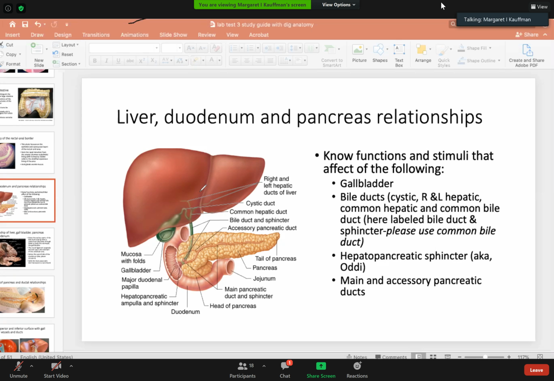So it's continually making this, but as it's making it, it's filling up this duct. So there's always bile in this common bile duct. That bile backs up, actually, as long as the sphincter is closed, and ends up, just by backward pressure, going up the cystic duct and ending up in the gallbladder to be stored and concentrated.